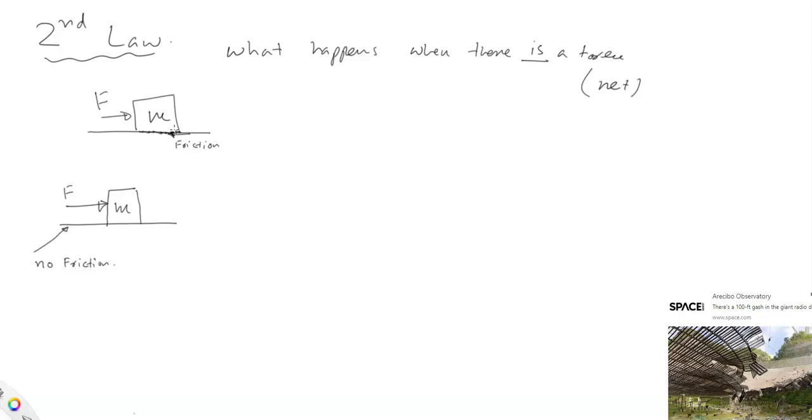After a lot of experimentation, what Newton realized was, when you have an object with mass m and you apply a net force F, if the object is free to move, if it is not attached to anything and there's no friction, the object is going to accelerate.